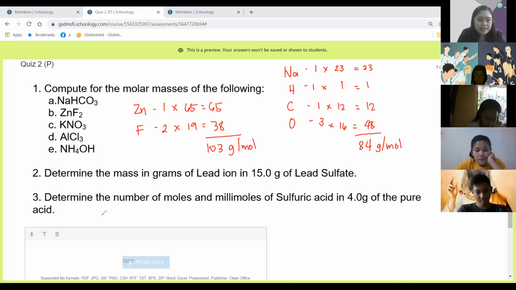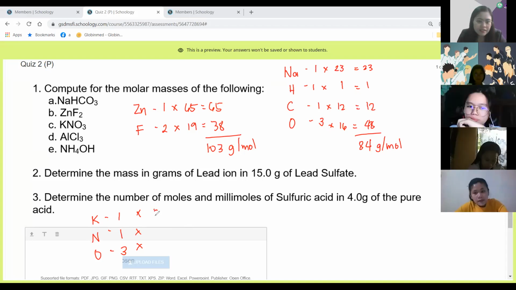Now for letter C, potassium nitrate. So you have 3 elements there. So potassium, and then nitrogen, and then oxygen. 1 atom for potassium, 1 for nitrogen, and 3 for oxygen. What is the atomic weight of potassium? 39.